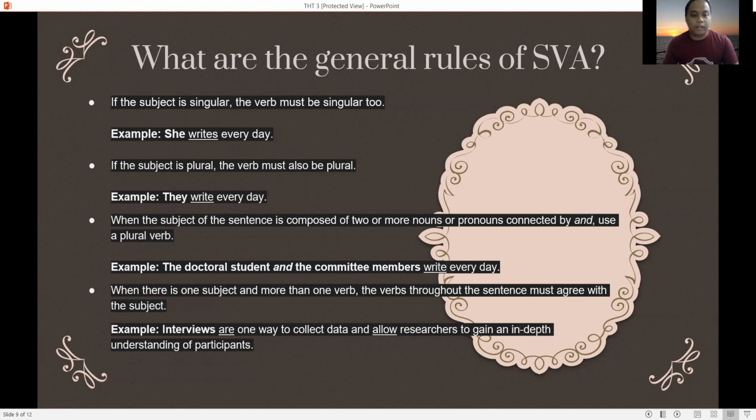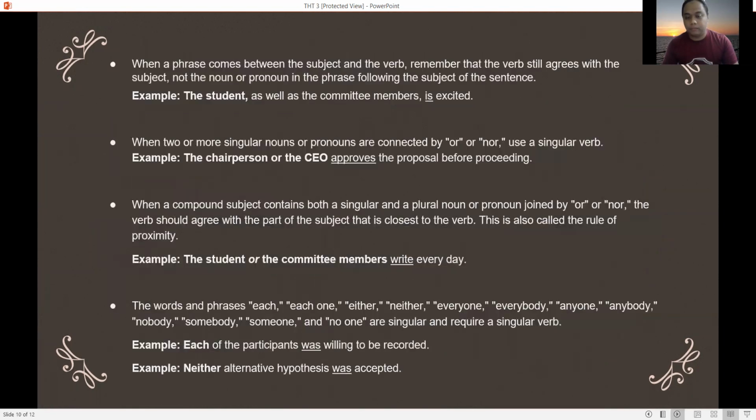The next one, when there is one subject and more than one verb, the verbs throughout the sentence must agree with the subject. As an example, the interview is one way to collect data and allows researchers to gain an in-depth understanding of participants. Right. The next rule is when a phrase comes between the subject and the verb.